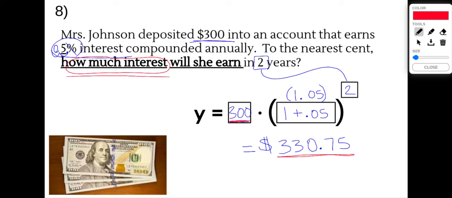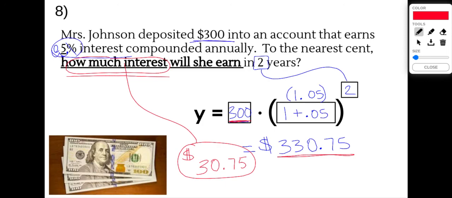And you could do this in your head. $330.75 minus 300 is an interest amount of $30.75. That is the amount of interest that I earned after leaving my money in the account for 2 years.